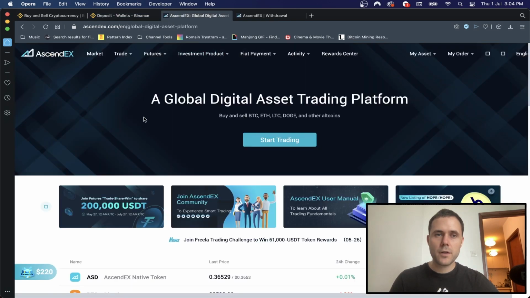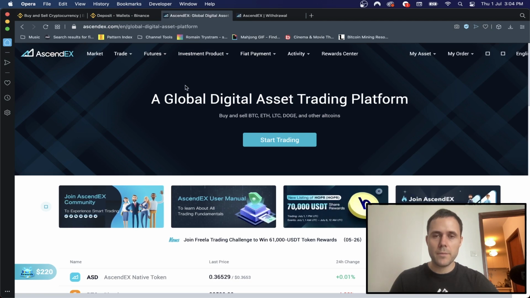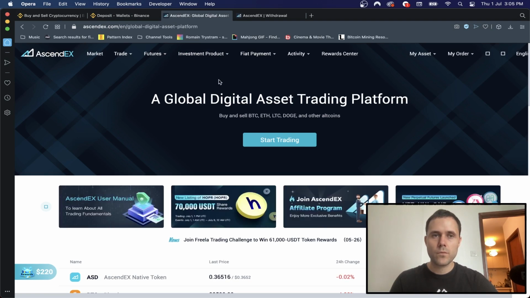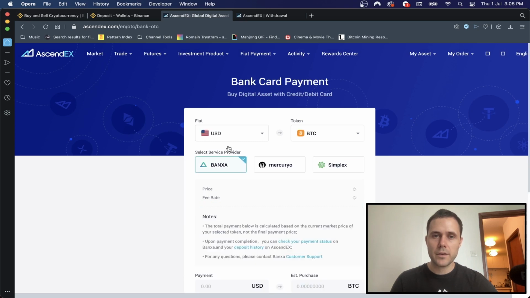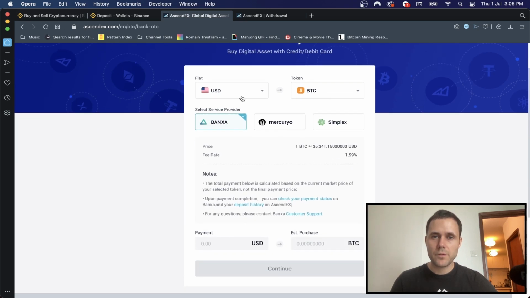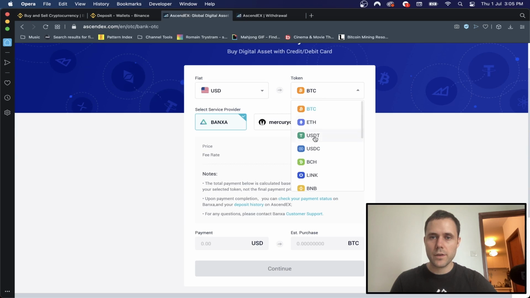But actually, I'm quite a fan of AscendEX, and I will probably continue to use this anyway. It depends on the fees. Also on AscendEX, you can avoid the whole Binance step by just making a payment on here using your bank card. So we'll use Fiat US dollar as an example.